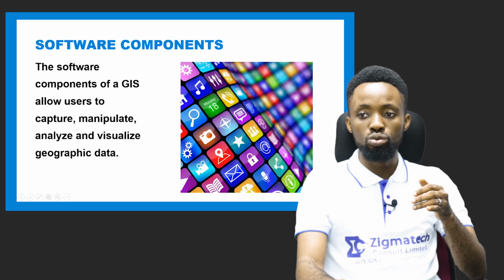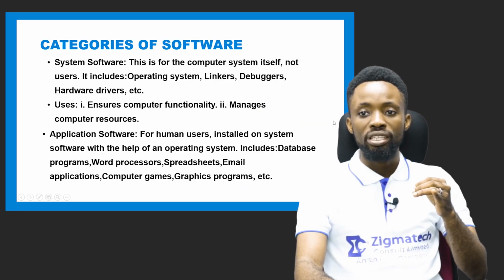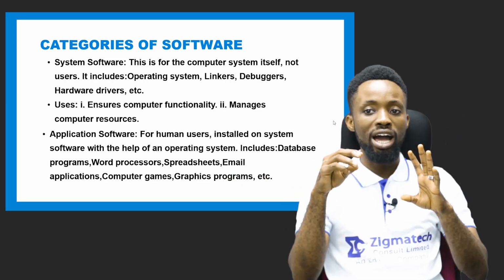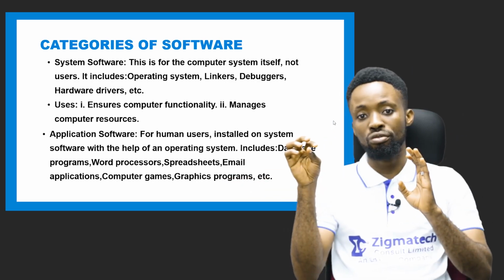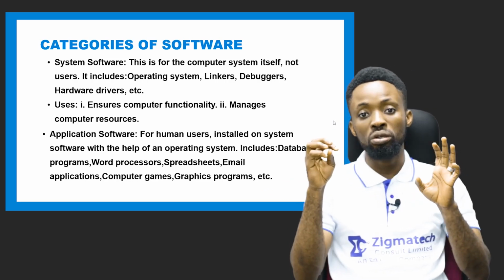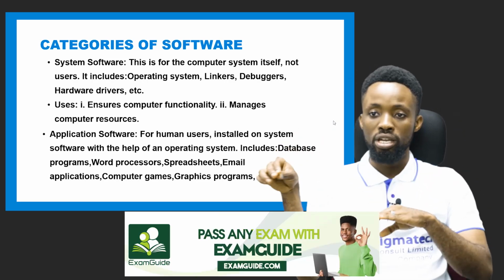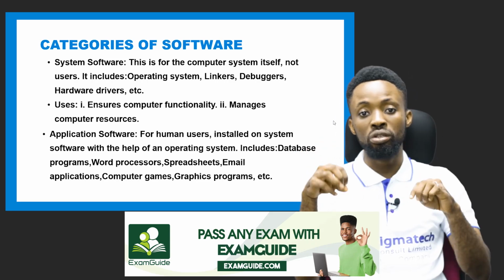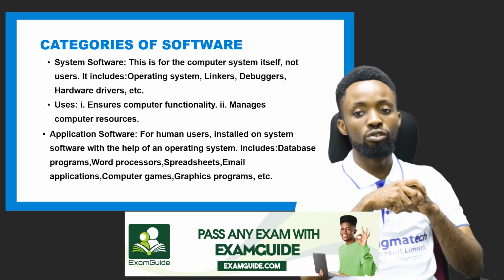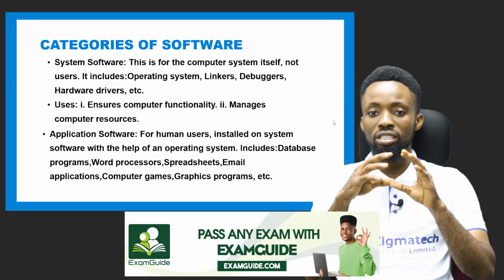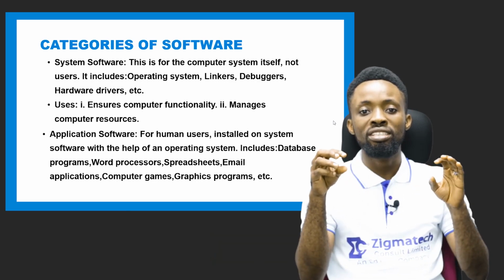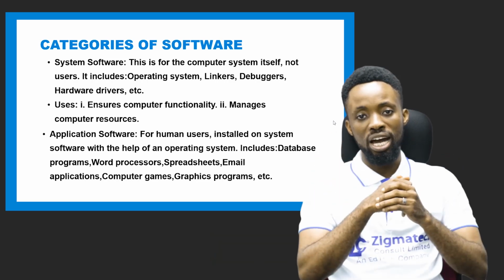And we are going to look at the categories of software we have. We have basically two categories of software. The first category of software is called the system software, while the second category is called the application software. So for the system software, it's actually a package or a program that is built with the hardware.